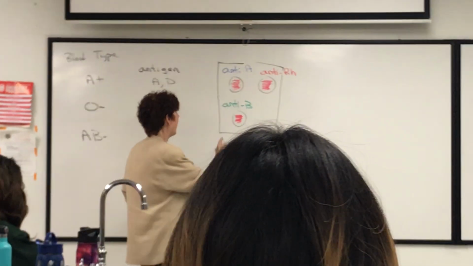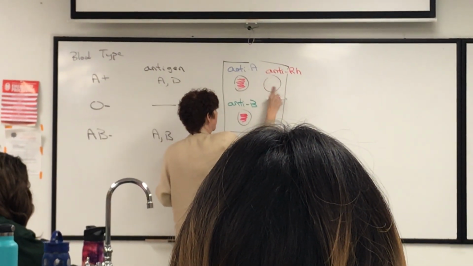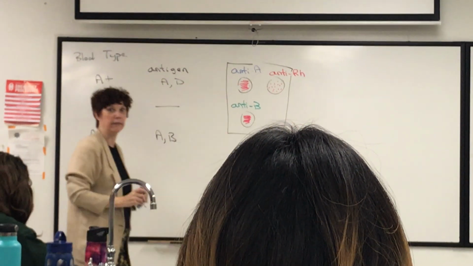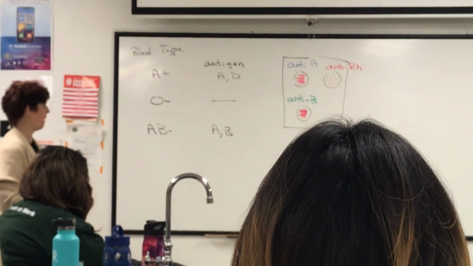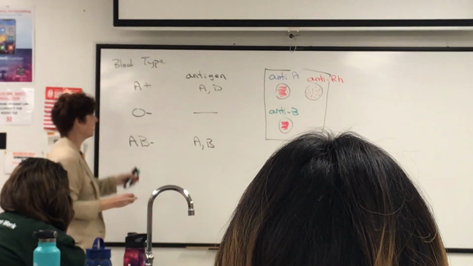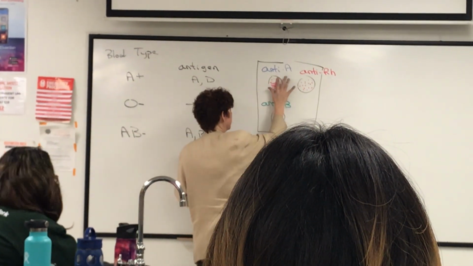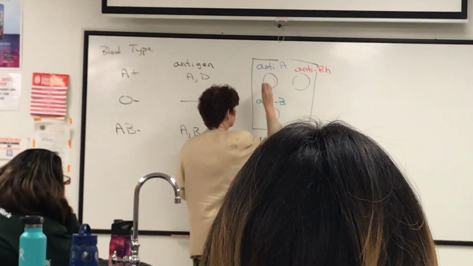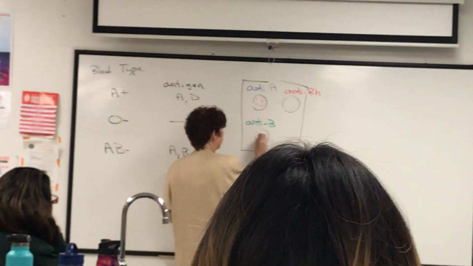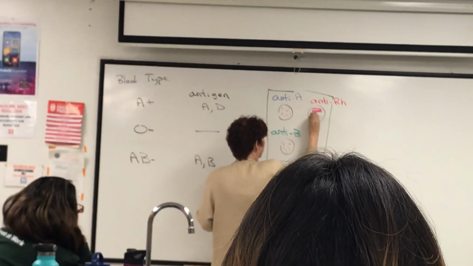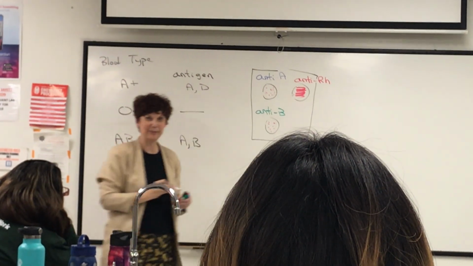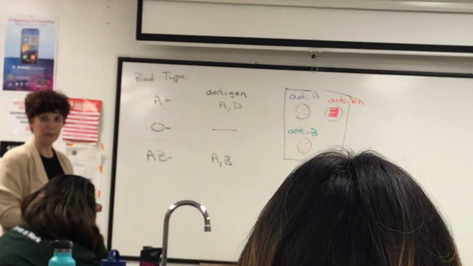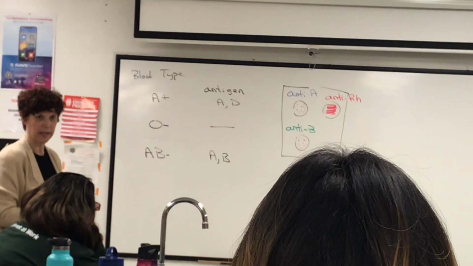If blood type was O positive, then you would have no A or B, and you would see agglutination only for the D antigen because your blood type was positive, okay? So our last situation here, blood type was AB negative. So we have A, we have B, we have no D, okay? So that's how we're going to translate or read the typing tray, okay?